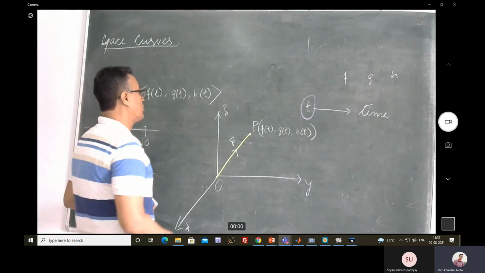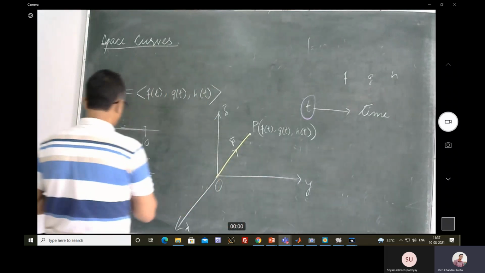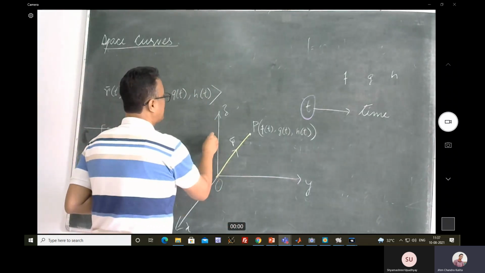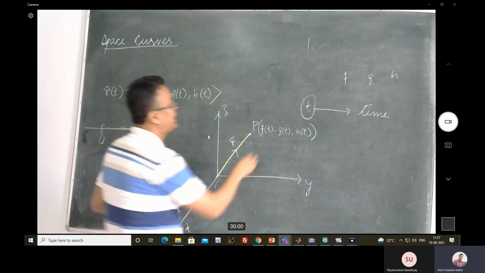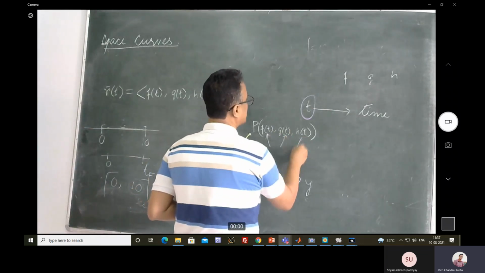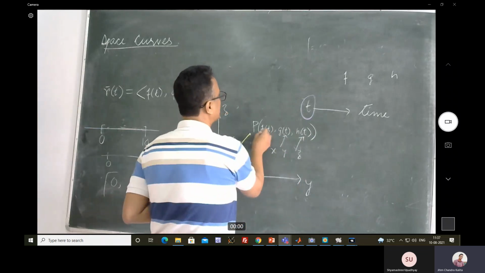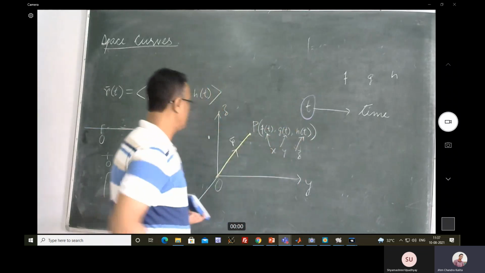Corresponding to 0, I can have a point here, and these coordinates x, y, z I am defining through f(t), g(t), and h(t).